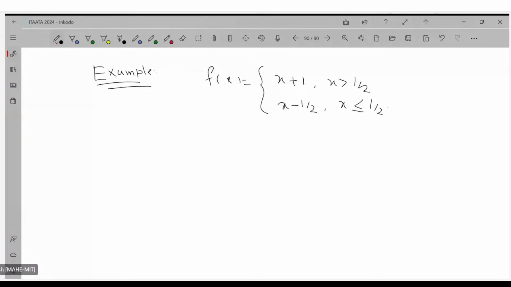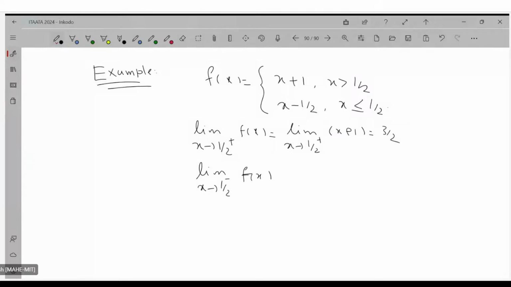What is the limit as x tends to half plus of f(x)? It is the limit of x plus 1, so we will have 3/2. The limit as x tends to half minus of f(x) is the limit of x minus half, so it will be 0. So they are unequal, and therefore it has a jump discontinuity. What is the total jump of this function? The jump of the function at half is 3/2 minus 0, so 3/2.